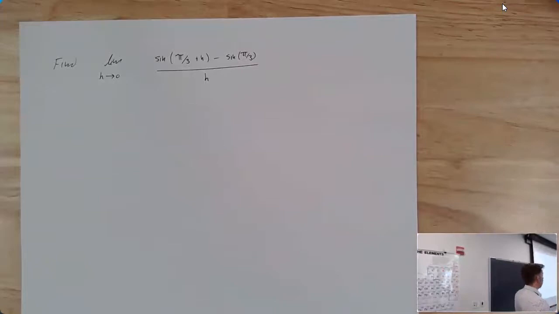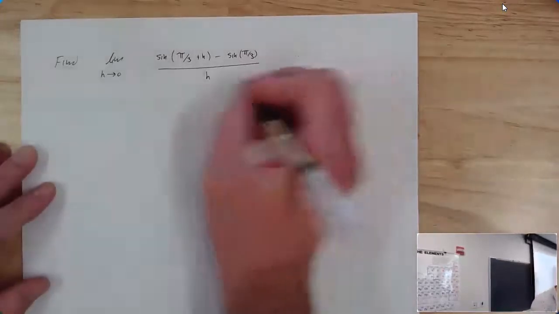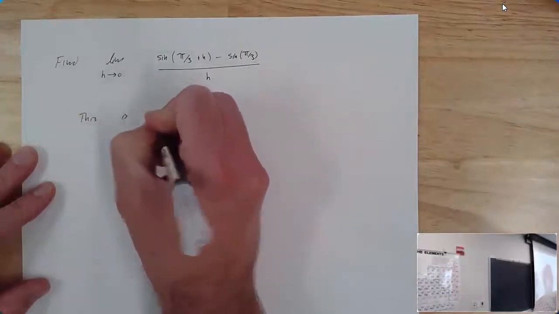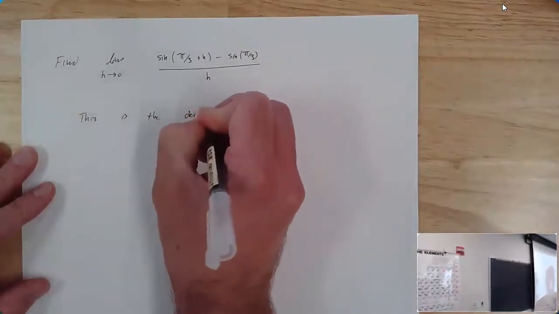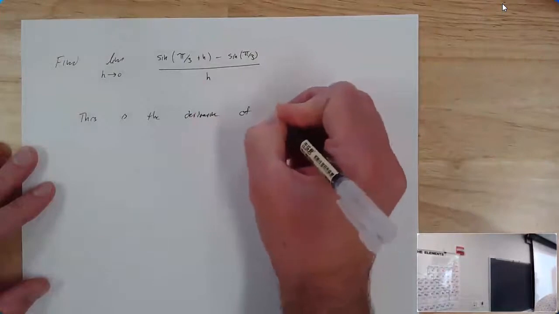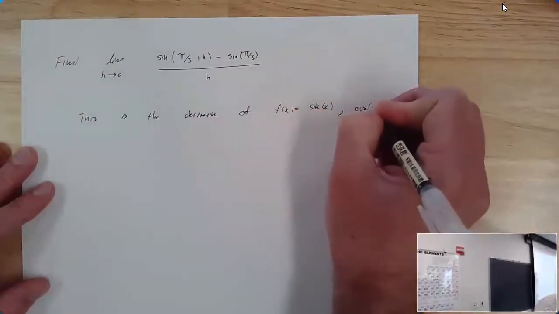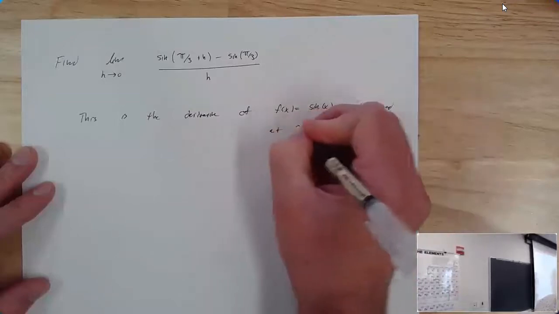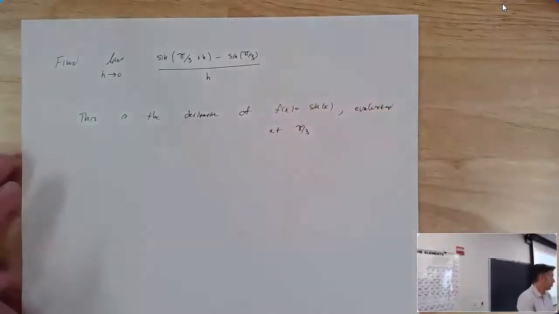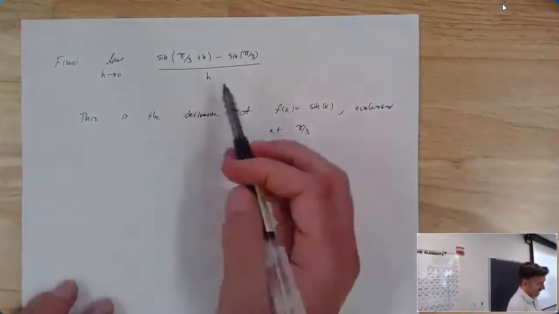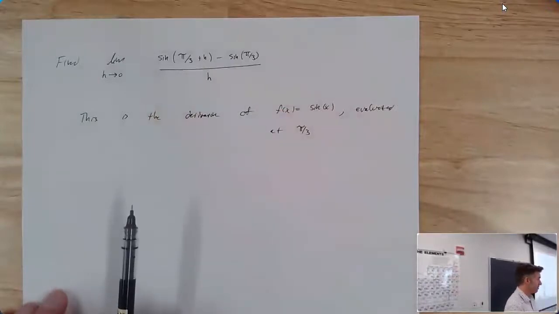This looks like the derivative of the sine function at where? Yeah, so this is the derivative of f of x equals sine of x evaluated at pi over 3, which is much easier to calculate once we know how to find the derivative of sine than it is to actually try to evaluate this limit.